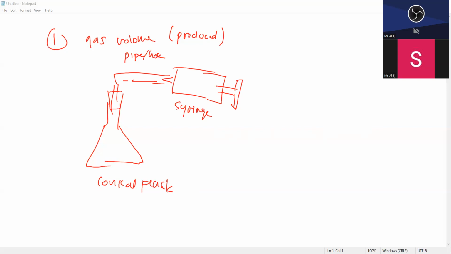Another way of measuring the collected gas is by pushing it underwater. This can only happen if the gas produced is not soluble in water. So in that case, same, but we're going to need a container that is filled with water.